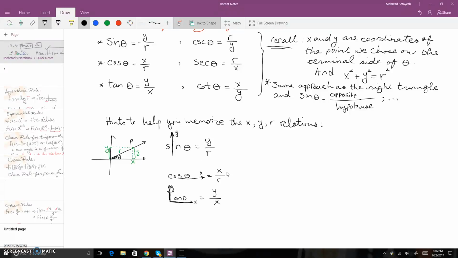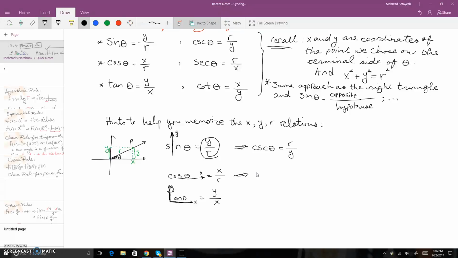Knowing sine theta, cosine theta, tangent theta, and knowing that the other three trig functions, namely cosecant, secant, and cotangent of the angle, are reciprocals of sine, cosine, tangent, if you already know sine, it means you already know cosecant. Cosecant of theta is the reciprocal of y over r. Just flip that over, you get r over y.